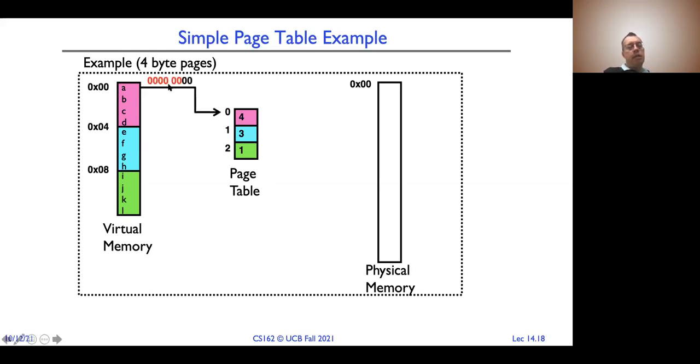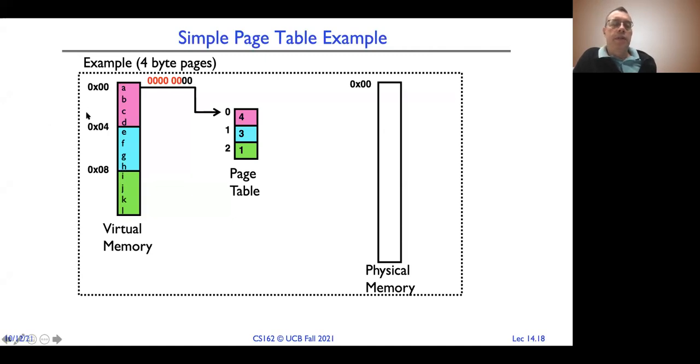So assume that the address space here has the equivalent of 8 bits, so it's 64 bytes. If you need to address 4 bytes, you need only 2 bits, right? So therefore, the last 2 bits represent the offset, and the first 6 bits represent what? Represent the page number.